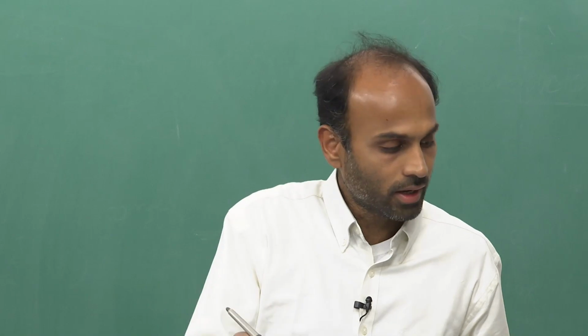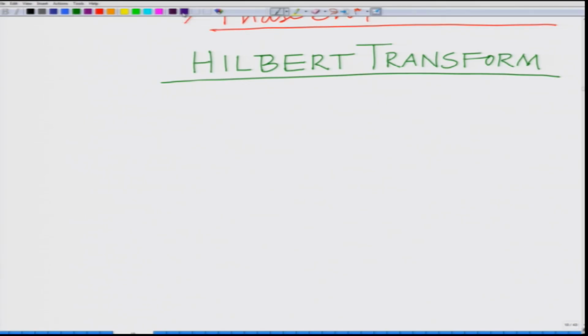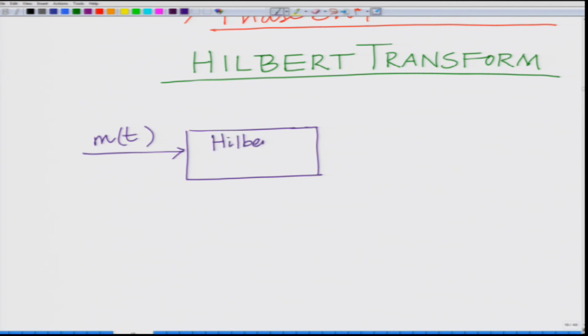So, what is the Hilbert transform? Let me describe it at a high level. m(t) is passed through this system which is termed as the Hilbert transformer, and this gives your signal m hat of t.